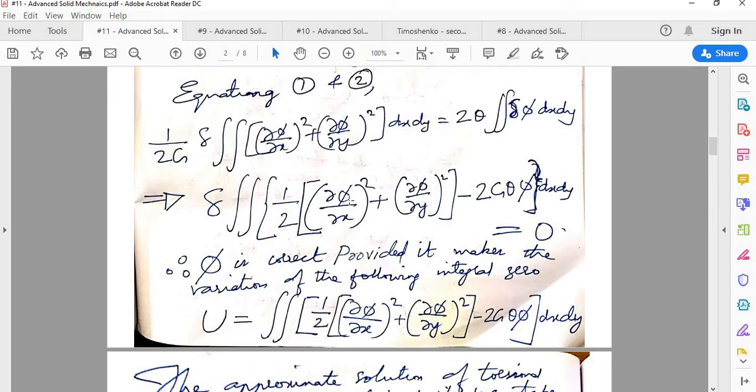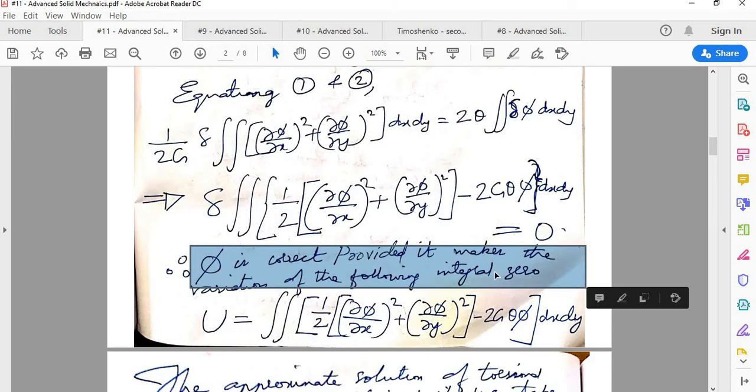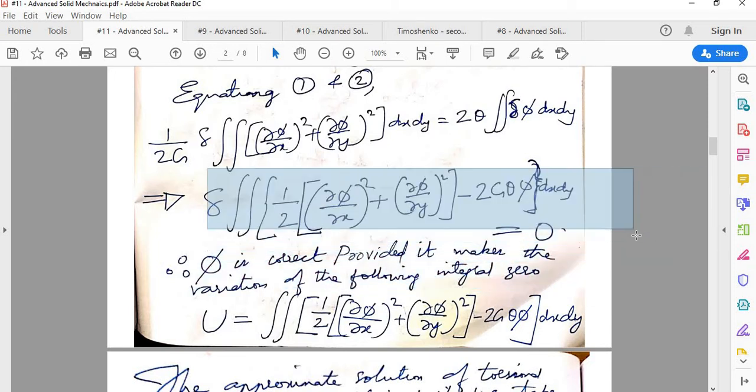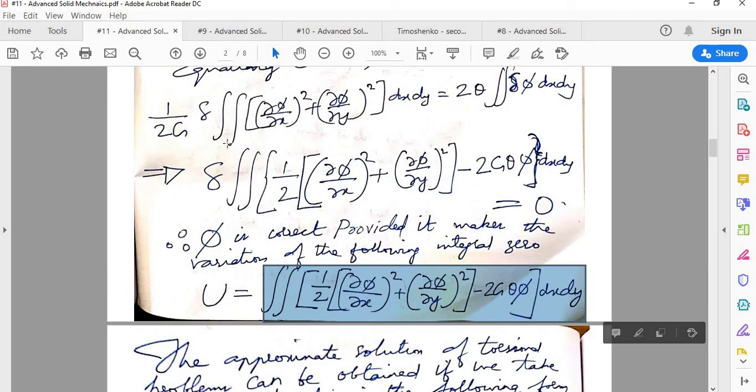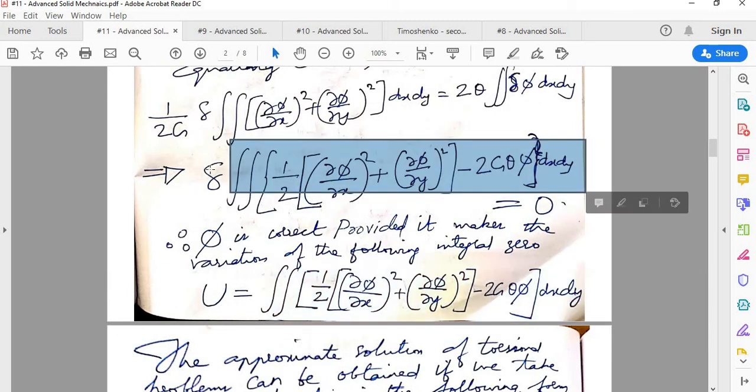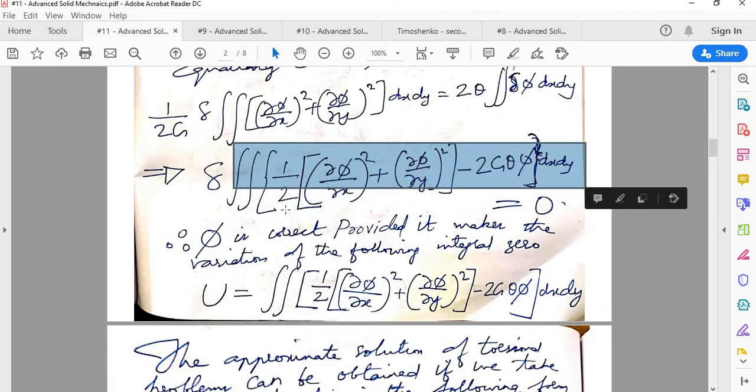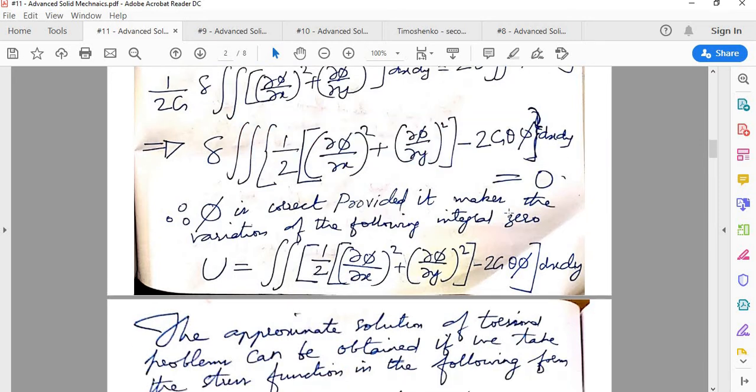You have to start with an approximation of the stress function which will satisfy the equation and boundary conditions. So the correct phi, which corresponds to the solution of the problem, is the one that satisfies this equation. Or you can say it is the stress function which makes the variation of this particular integral zero. So see, delta, this integration means variation in this particular integral, and the correct solution is the phi that makes this variation zero.